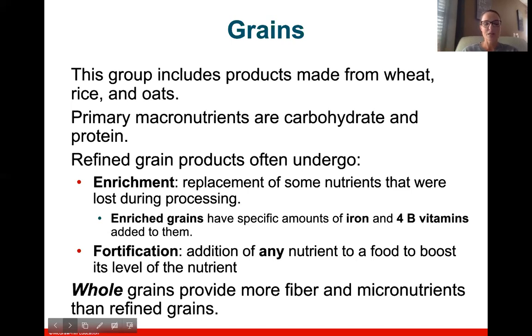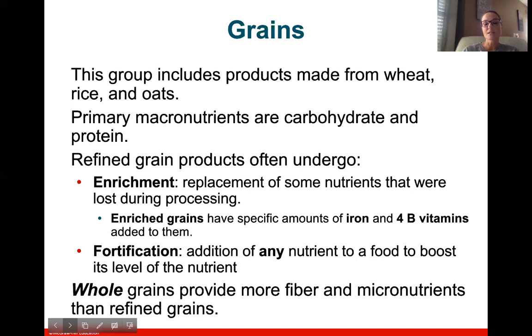So like donuts are higher in fat, but it's because we've added fat to them to make them taste good, actually. We also, because of how grains are processed, when we take the wheat and we strip it to get to the flour, that actually pulls out a lot of nutrients.